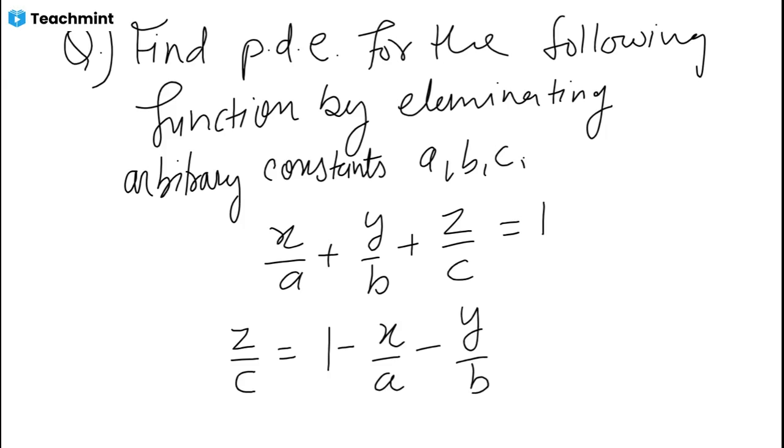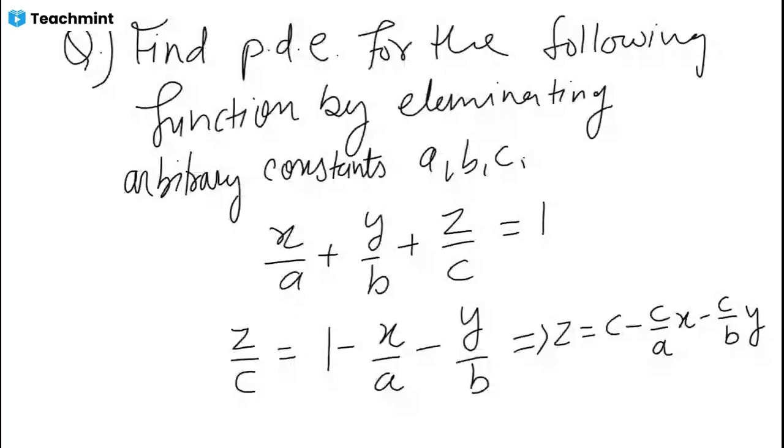Or you can write it as z is equal to c minus c over a into x minus c over b into y. You got it? Now we need to differentiate it with respect to x and with respect to y.